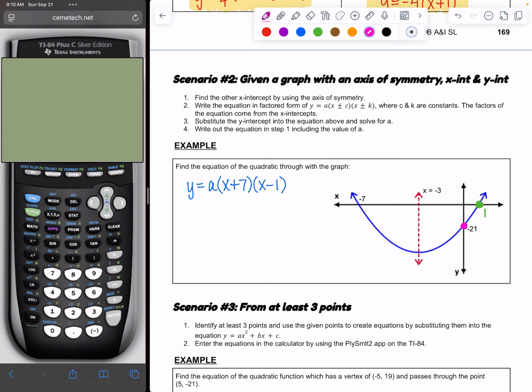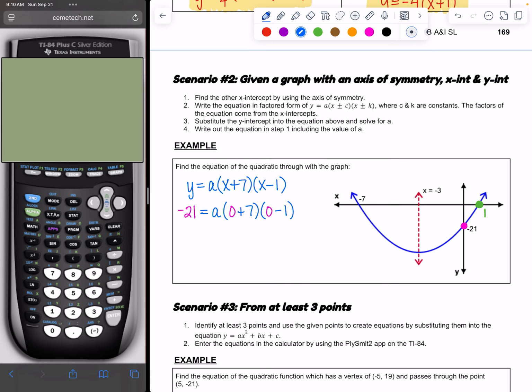So that is going to be -21 equals a times (0 plus 7) times (0 minus 1). All right.